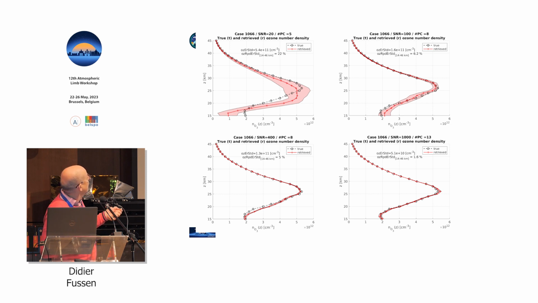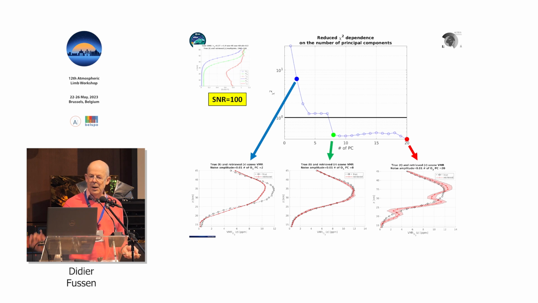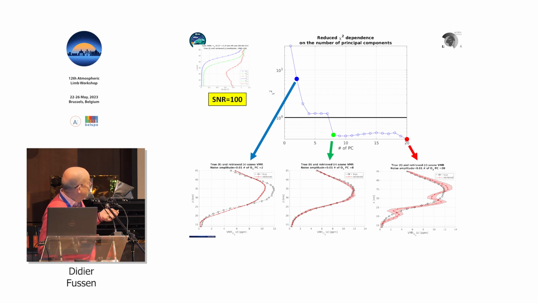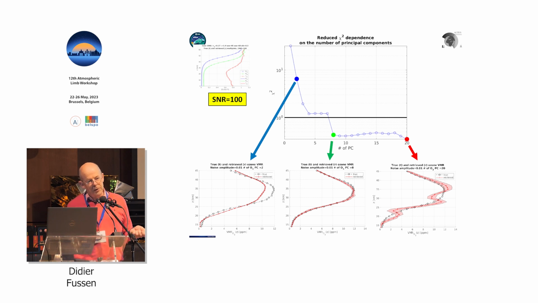If there is a very low signal-to-noise ratio, you see underdetermination, and when you increase the signal-to-noise ratio, you are allowed to use more principal components, and you see the error bar decreasing until, of course, an excellent retrieval with 13 principal components. Finally, we don't know in advance how many principal components we are going to use.